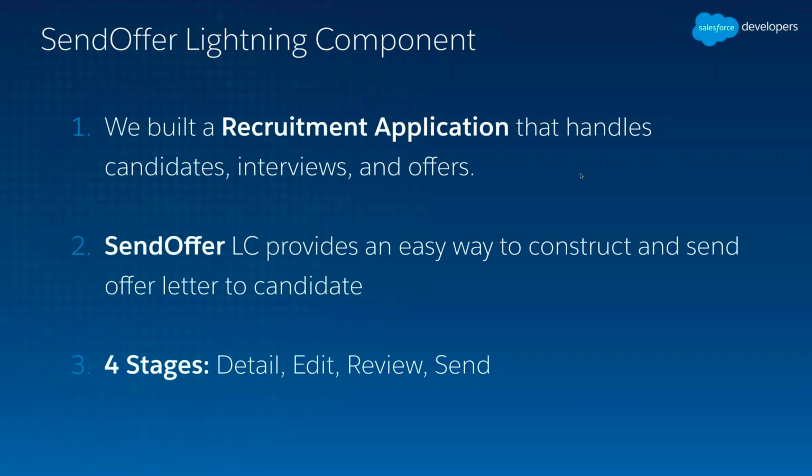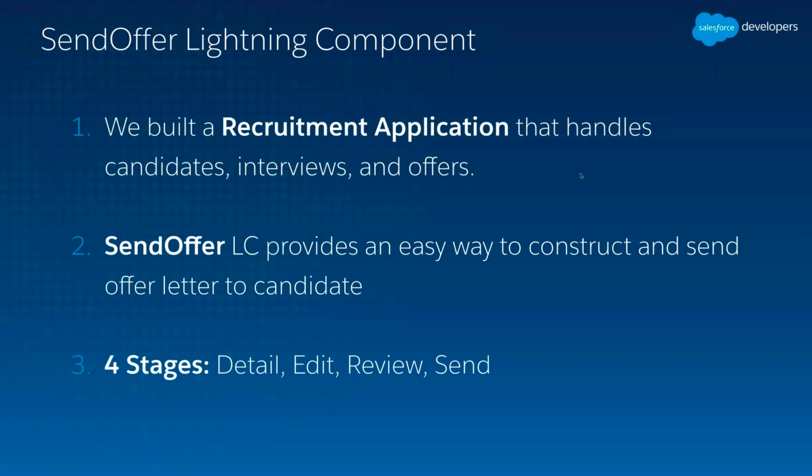Then we have the edit view, which is like an email drafting view, where you can see the header of the email with all the data plugged into that email template. Next, we have a review, where it's a final review of the letter itself.